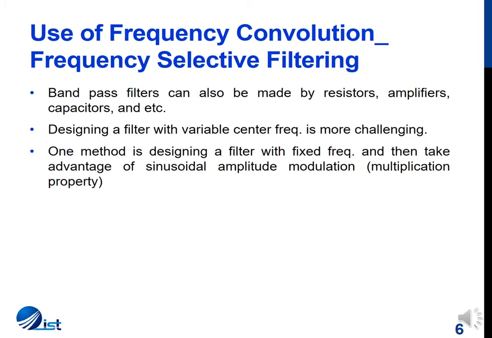The second use of frequency convolution is in frequency selective filtering. We have already discussed filtering as one of the most important applications of signal processing. One of the four categories of filters we discussed were the bandpass filters, which only allow a set of frequencies to pass and reject the other set of frequencies.